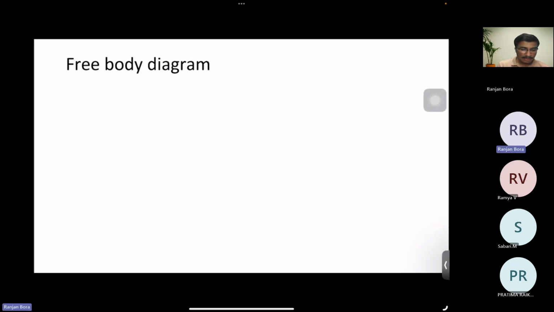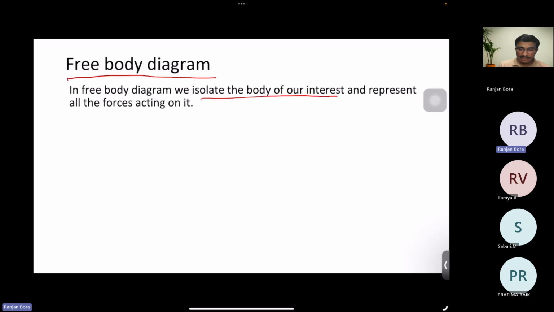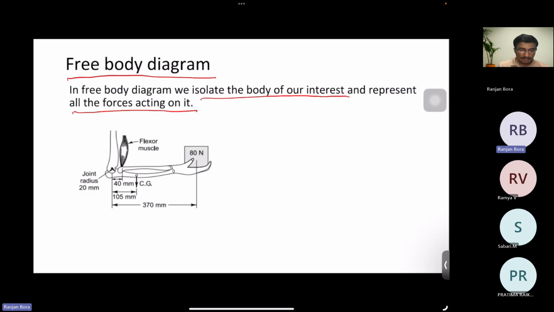Next concept is free body diagram. What is a free body diagram? In a free body diagram, we isolate the body of our interest and represent all the forces acting on it. You can consider this situation of the hand in which a person is lifting some weight of 80 Newton.